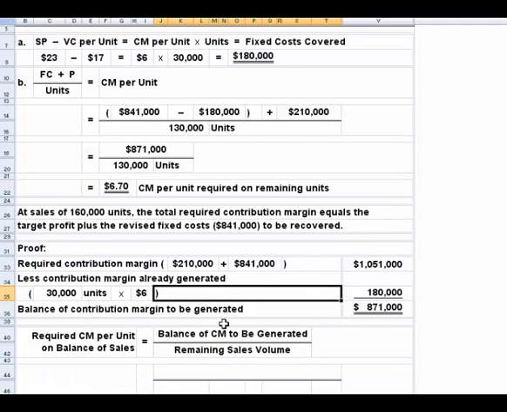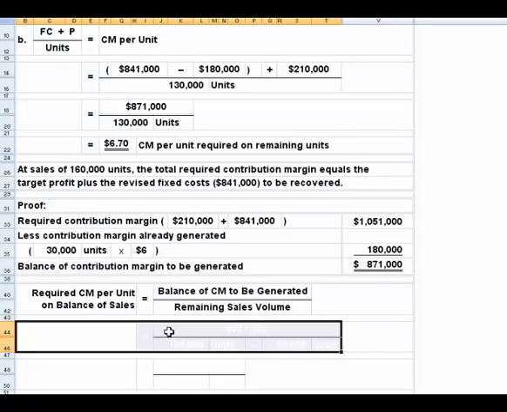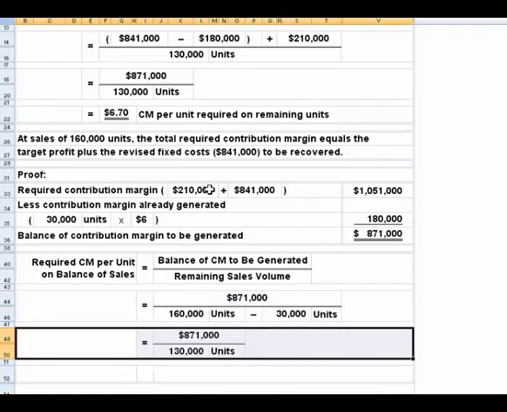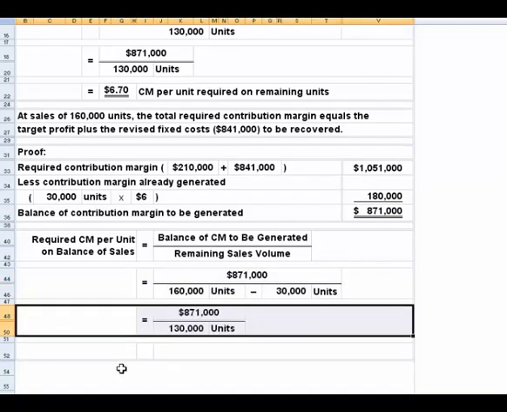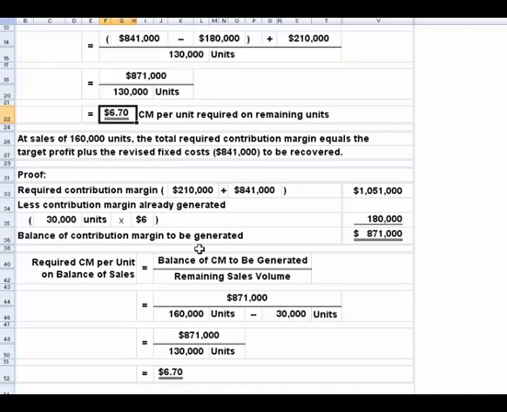So the balance left to be generated is the 871, which appears right there. If we take the required contribution margin on the balance to be generated divided by the remaining sales, we plug and chug, and we come up with 871,000 divided by 130,000 units, and we get that $6.70, which we proved right there.